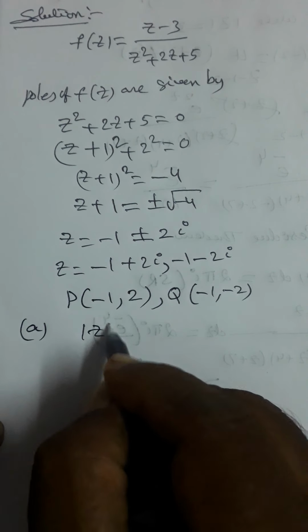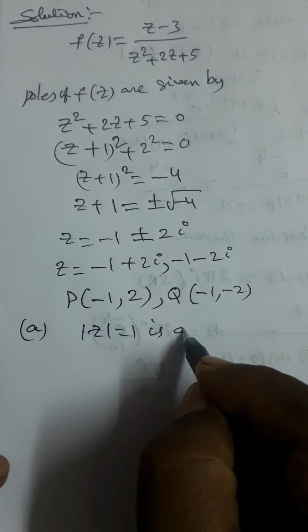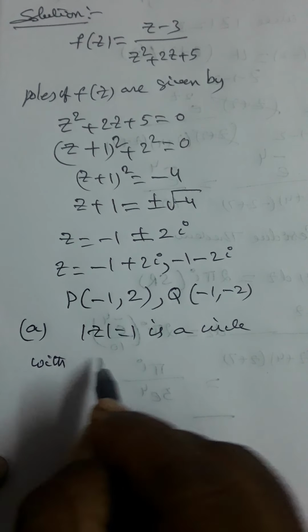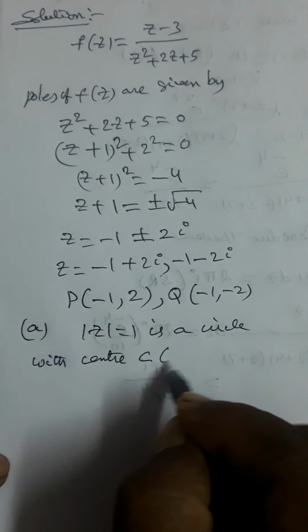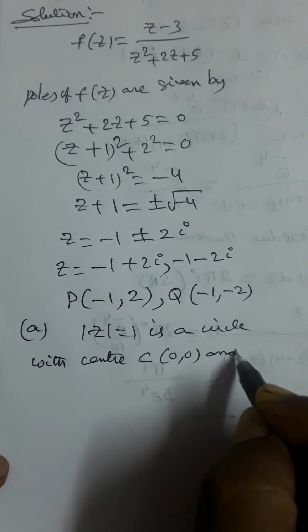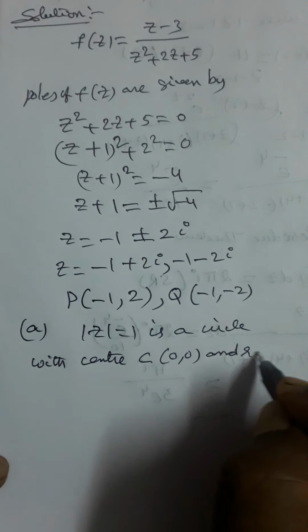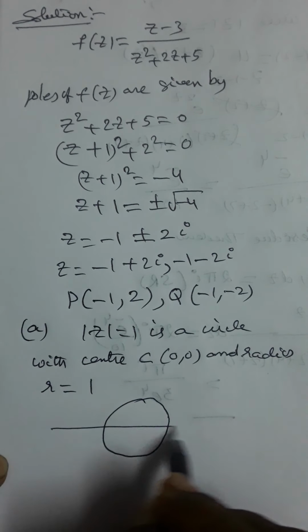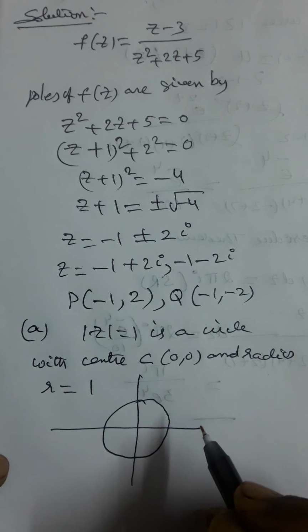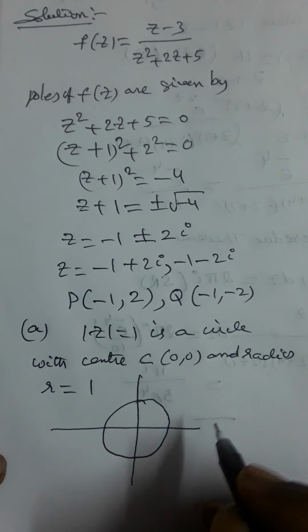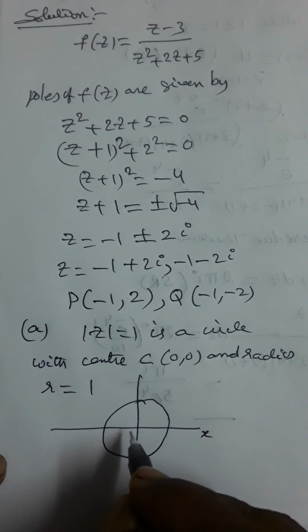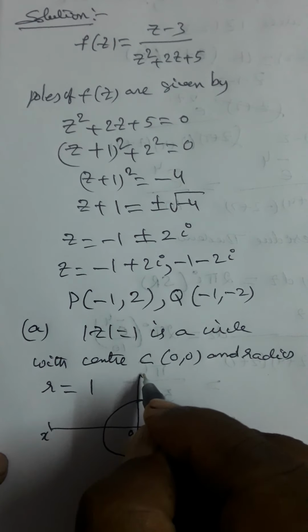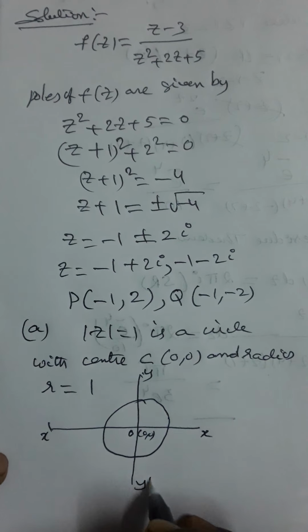Part a: mod z is equal to 1 is a circle with the center C (0, 0) and radius r is equal to 1. Diagram: x, x dash, y, y dash.